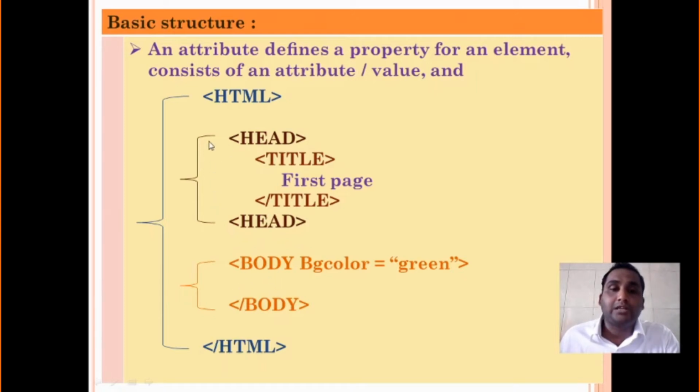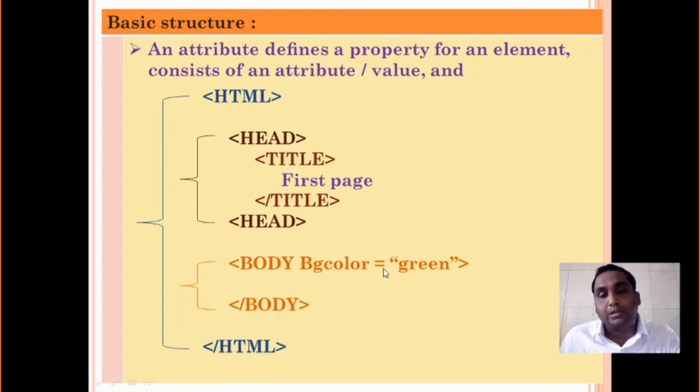A head section has a tag title. This is the opening title tag, this is the closing title tag. Within title tag you can write any content, any text. What is the use of title tag? I'll tell you practically, but this is said to be the basic structure.